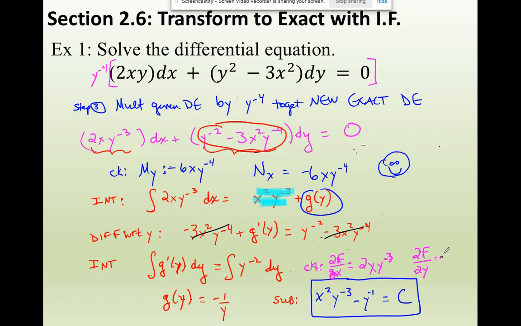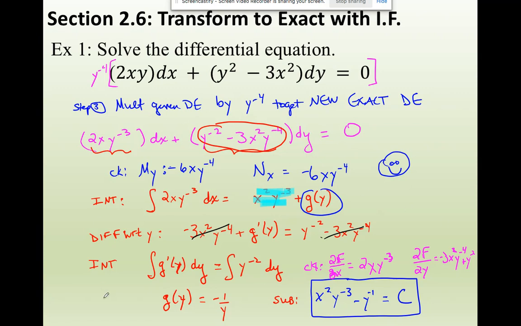Bring down the -3. The x squared is just a constant. Y to the, subtract 1 from the exponent. Bring the -1 down, which would turn that positive. Subtract 1 from the exponent. And you have a moment of panic.